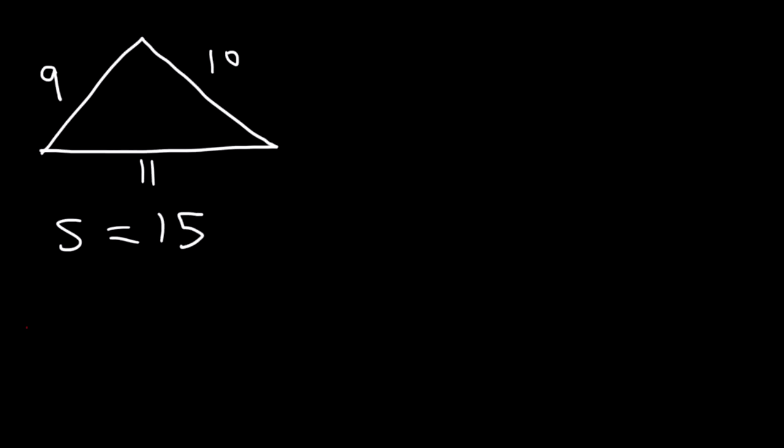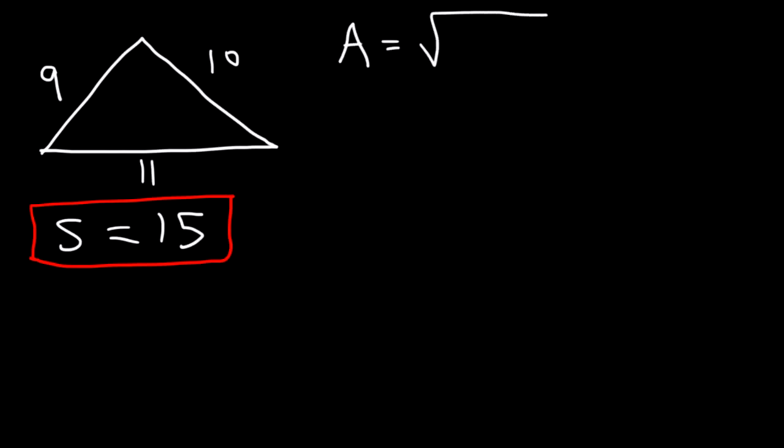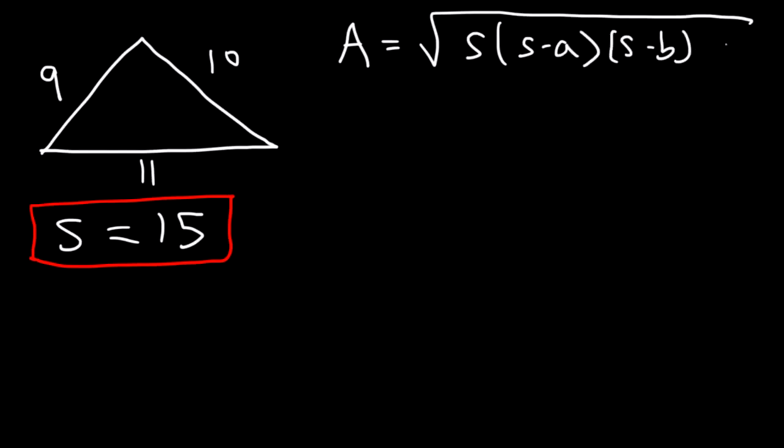Now that we have the value of S, we can use Heron's formula to find the area. It's going to be the square root of S times S minus a times S minus b times S minus c.